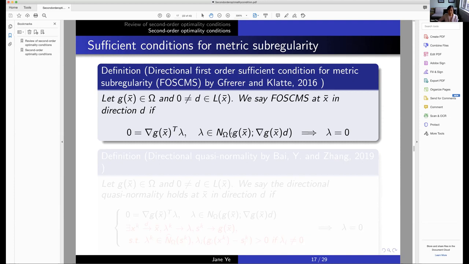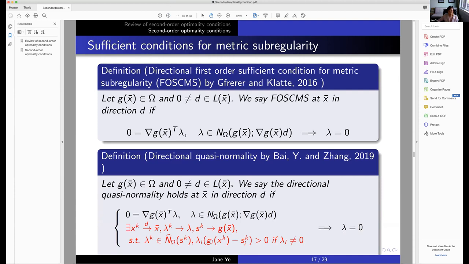If you remember, this is the so-called Mordukhovich criterion. It differs from the Mordukhovich criterion only in that here we take the direction. If the direction equals 0, then this is the Mordukhovich criterion, which is equivalent to metric regularity. But if the smaller directional limiting normal cone is used, then it is a weaker condition. So we will derive the result under this weaker condition.